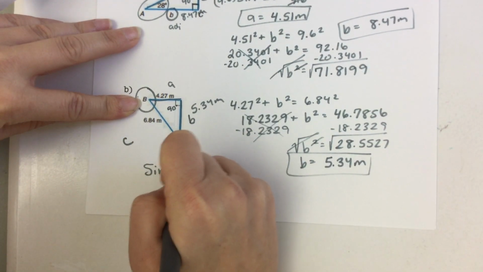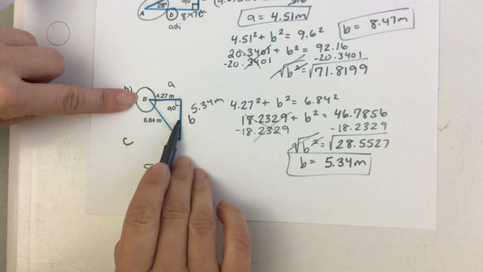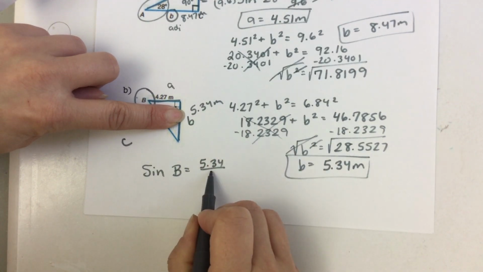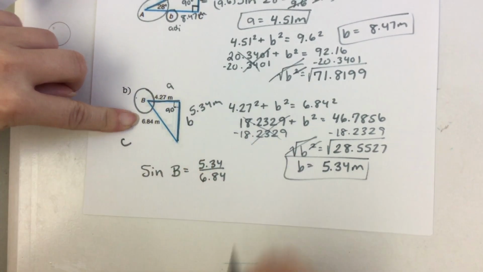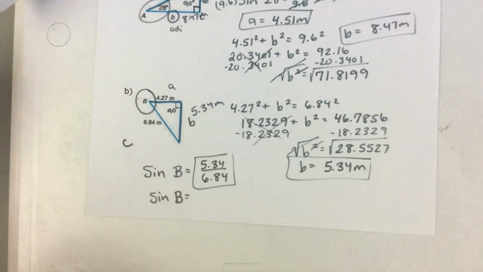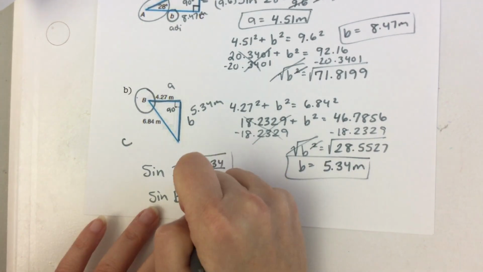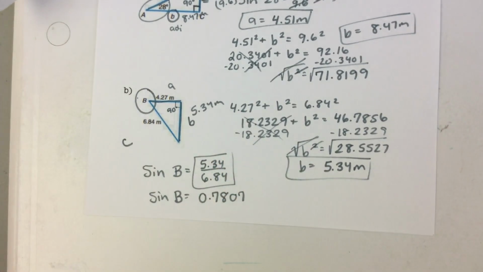So the sine of B, sine is opposite. Opposite across from B is 5.34 over hypotenuse. Across from the 90 is 6.84. So if I calculate this, the sine of B equals 5.34 divided by 6.84. It is 0.78070. Okay.